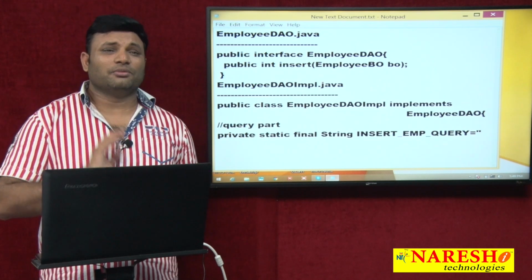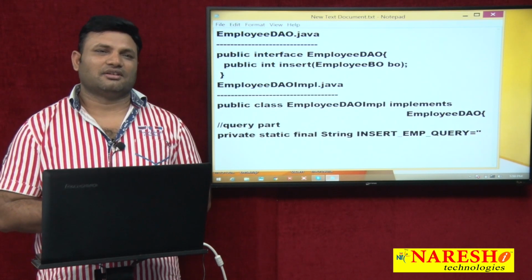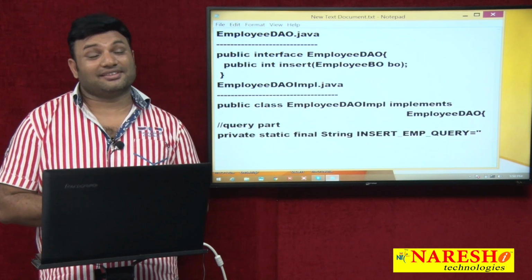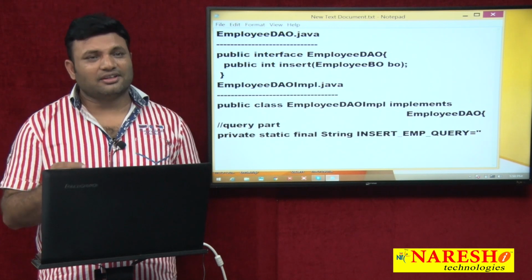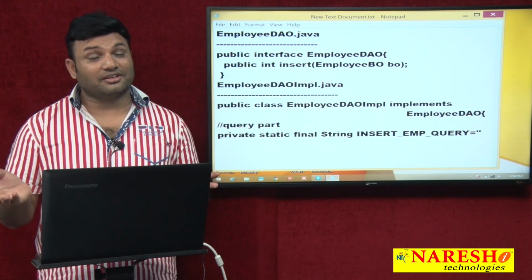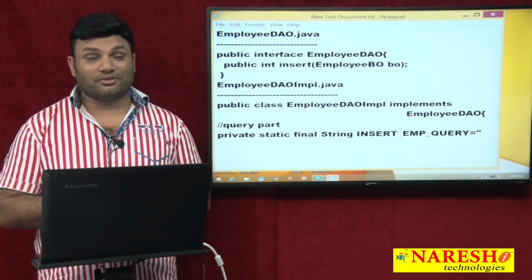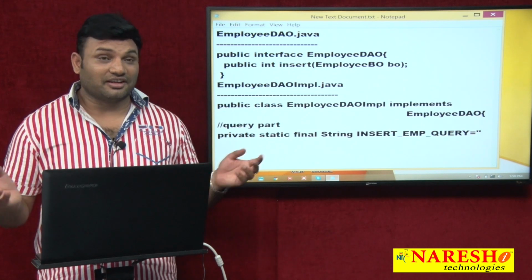Tomorrow, the table name is changed, or a column name is changed, or some other information is changed. Then what happens? You have to go to each method and search where that query is, because sometimes each method may have 100 or 200 lines of code. Searching for that particular place and modifying it is very complex.